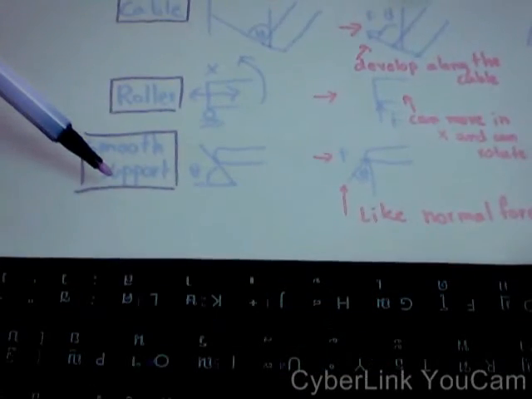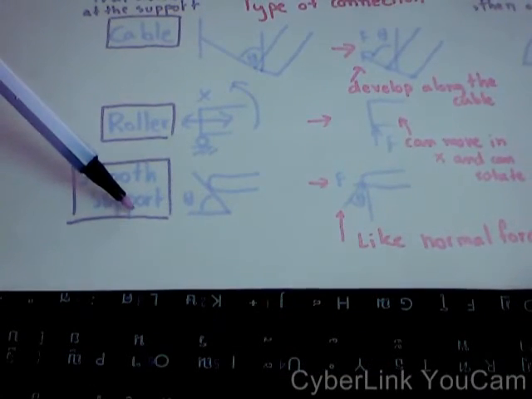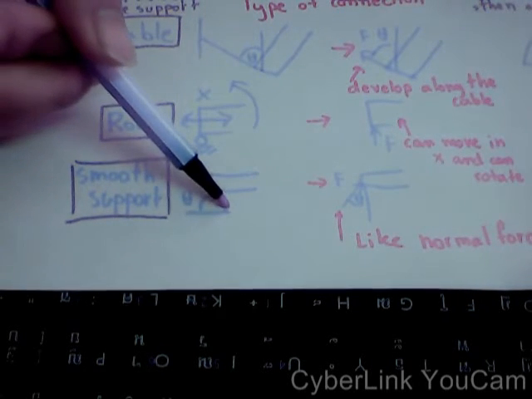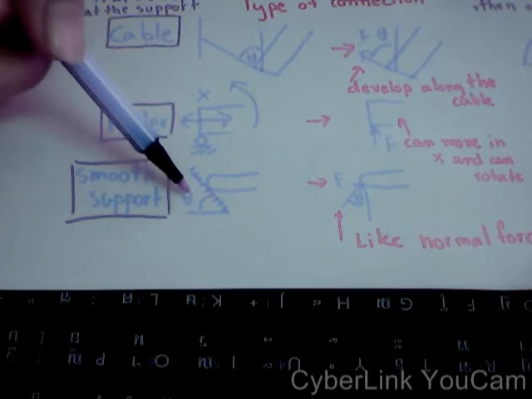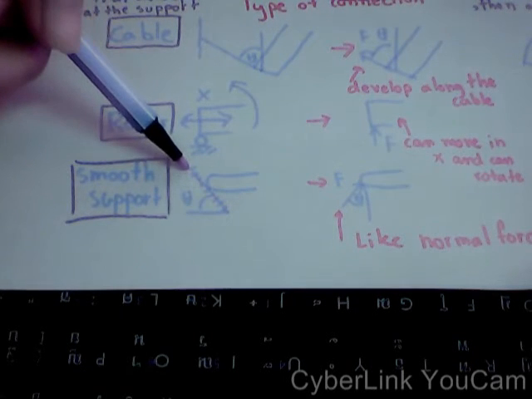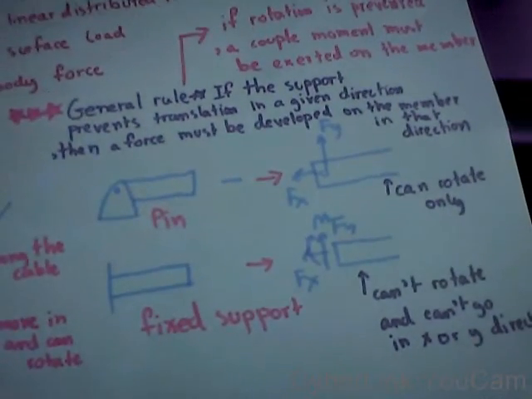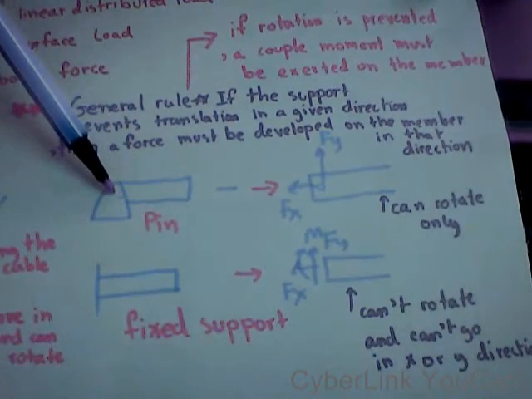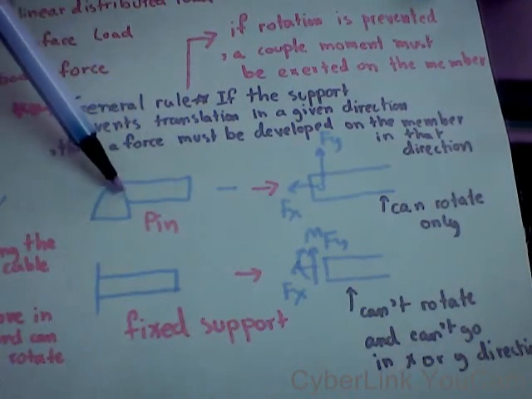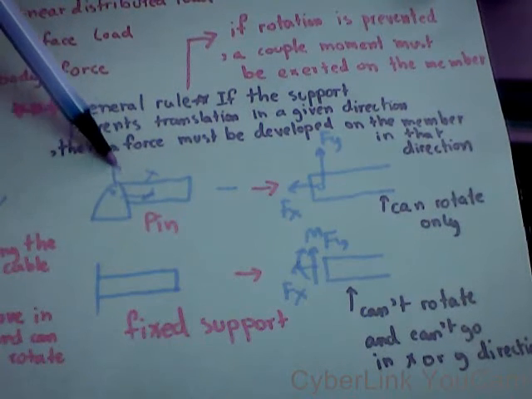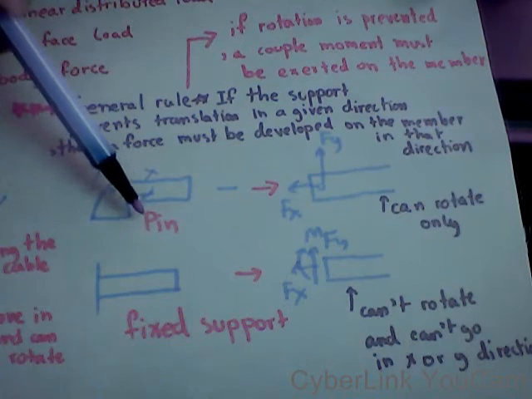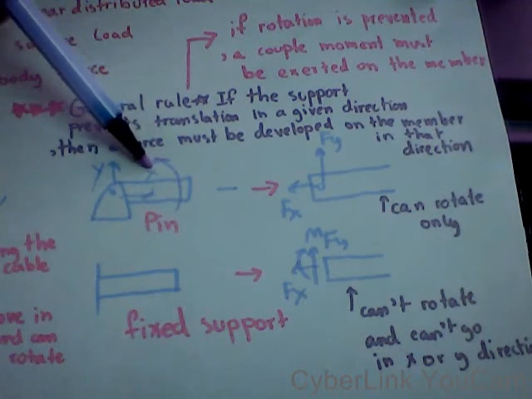For the smooth support, okay, it prevents the motion along the normal direction, perpendicular to this surface. Okay. For the pin, if you consider the pin, you cannot move in the x direction or move in the y direction, but you can rotate it.